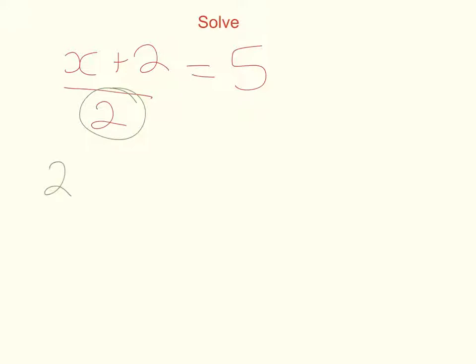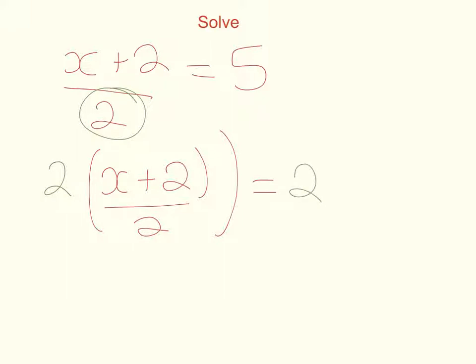So I'm left with 2 multiplied by x plus 2 all over 2 is equal to 2 multiplied by 5. And if we have a look over here, I'm multiplying and then dividing by 2, and those two processes cancel each other out. So I'm left with the sentence that reads x plus 2 is equal to 10.